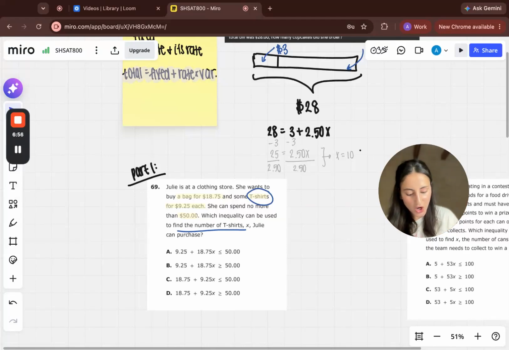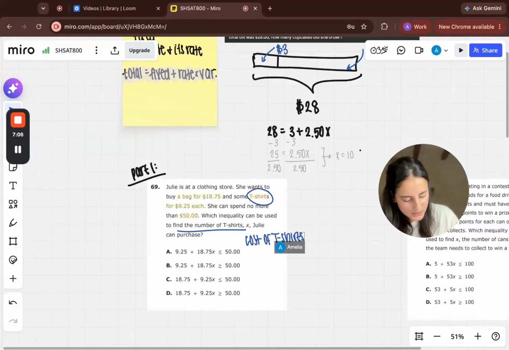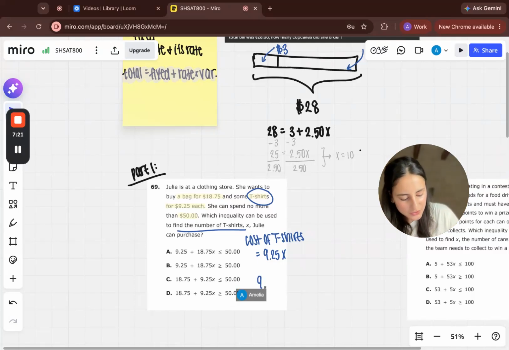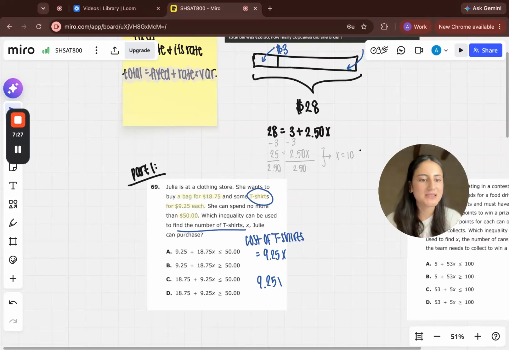So over here, the cost of t-shirts is equal to $9.25 times X. And then from there, we can start setting up our inequality. So it's going to be 9.25x plus the fixed amount, which is the price of the bag, because they're not asking us how many bags she is getting.